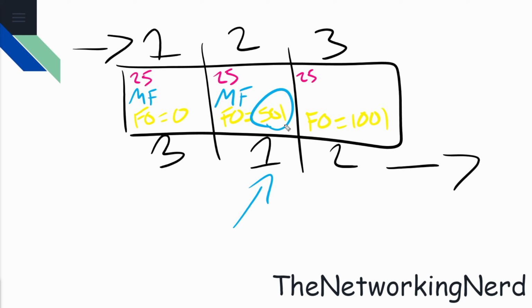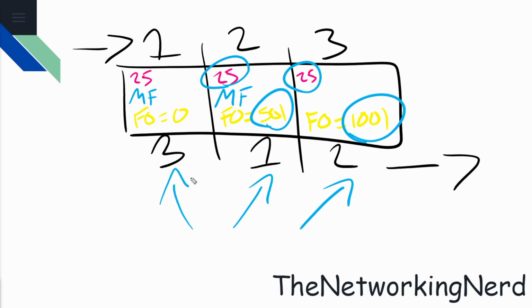However, we do know that it's a fragment. Now we get the second one, and we do the same logic. We know that it's part of a fragment because the ID numbers here match. And we also know that it's not the beginning of this fragmented chain because the fragment offset is set to 1001 in this case. It's not 0.